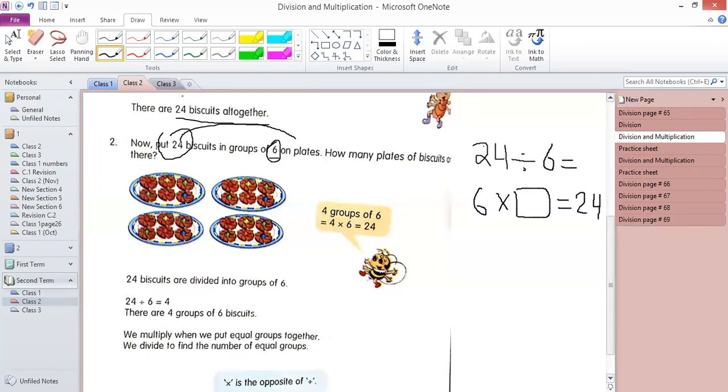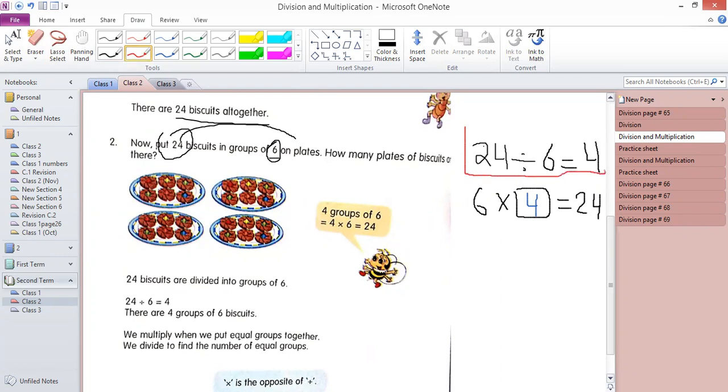So I'll check the table of 6. 6 by 1 is 6, 6 by 2 is 12, 6 by 3 is 18, and 6 by 4 is 24. So the answer is 4. 24 divided by 6 equals 4. This is the division sentence.